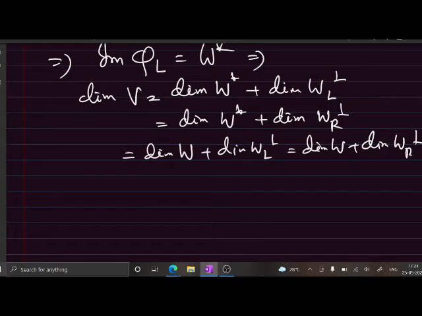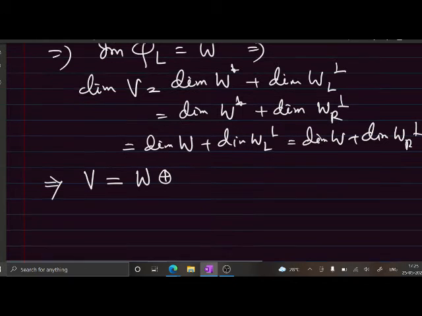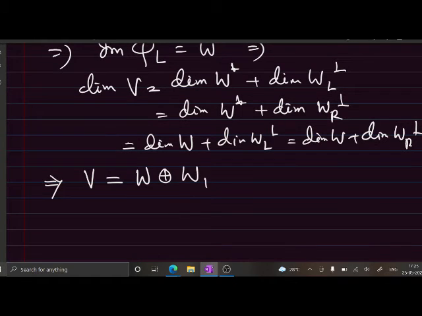So this proves that V is the direct sum of either this, or you can write it as this.